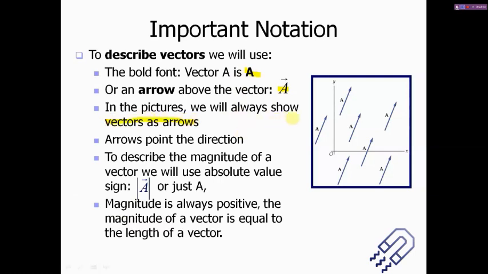If you look into these, all these are of equal length, so all of these vectors are more or less equal. A very important point is that if you just draw a line, that is not a vector. You need to put an arrow there. An arrow pointing in the direction will show the direction of the vector. We will see the important thing in a few moments.